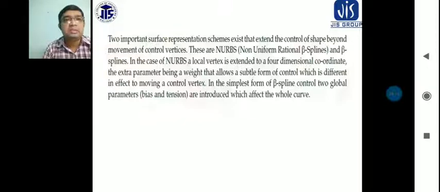The extra parameter is a weight that allows subtle control, which is different from simply moving a control vertex. In the simplest form of beta splines, the global parameters bias and tension are introduced, which affect the whole curve.